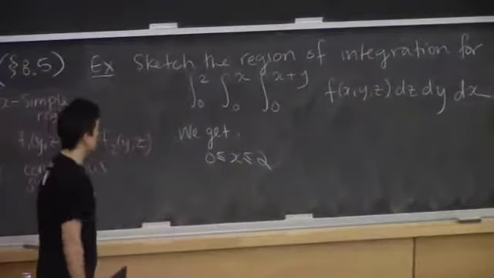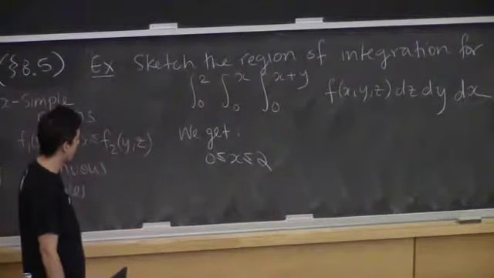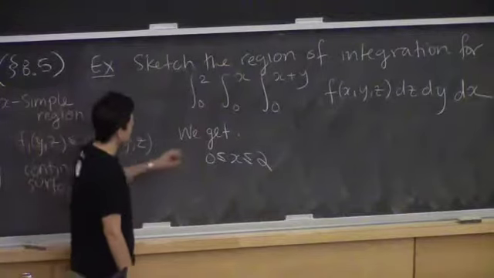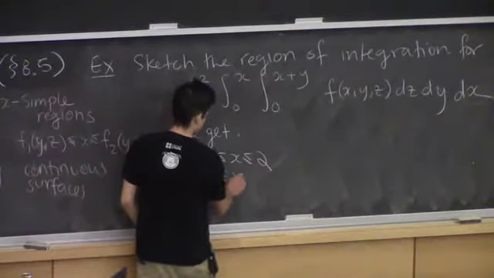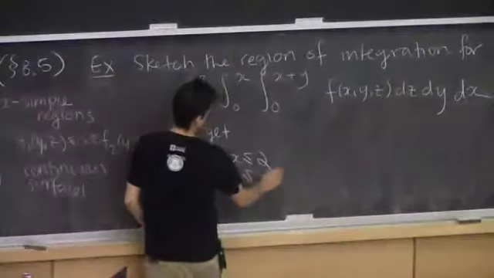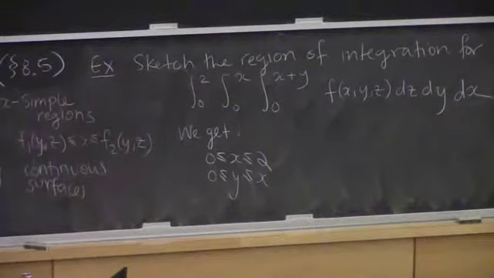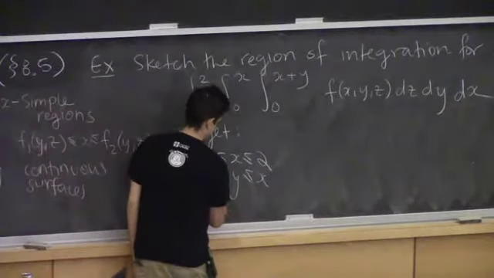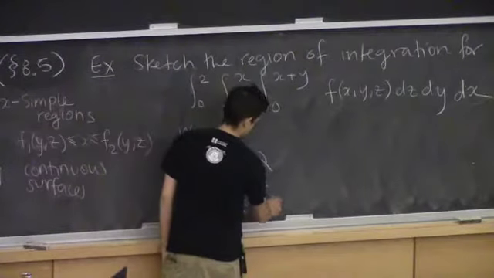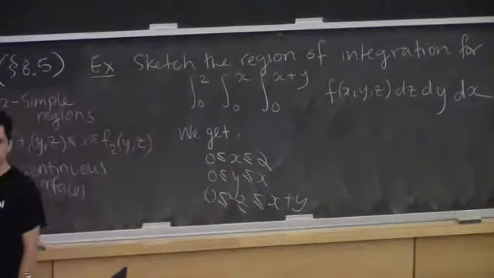that 0 is less than x is less than 2. Now the next one tells us 0 is less than y is less than x. And the last one tells us a statement on z.